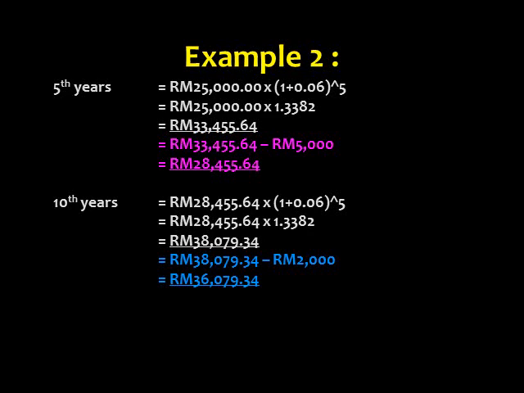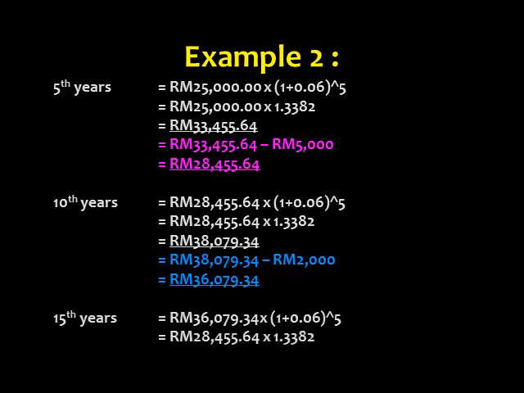We need to carry forward another 5 years because he plans to keep his money for 15 years, and we want to calculate how much money is accumulated after 15 years. So this is the money collected after another 15 years, which is 48,000.